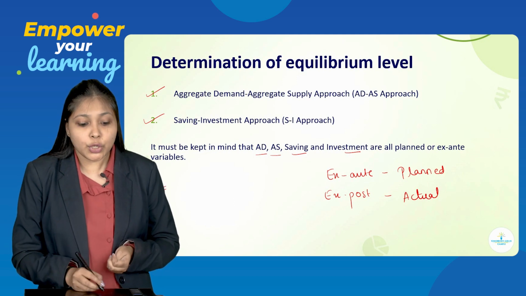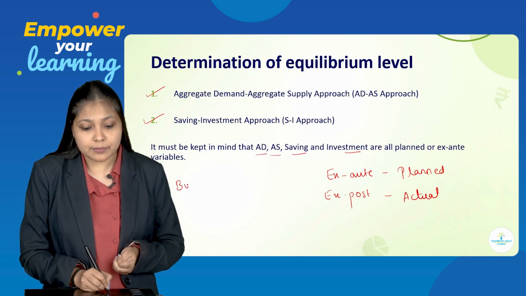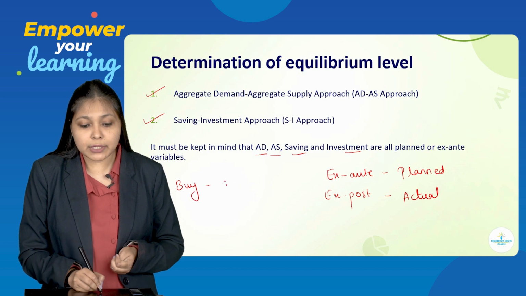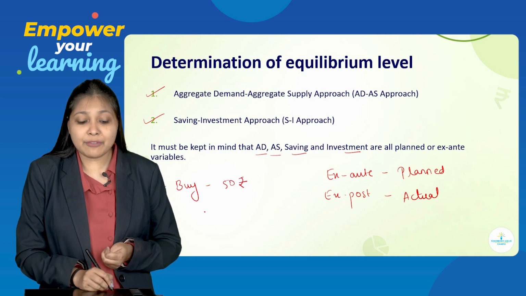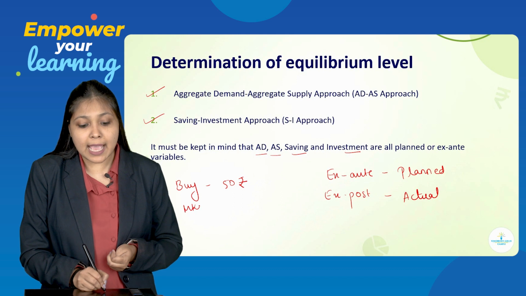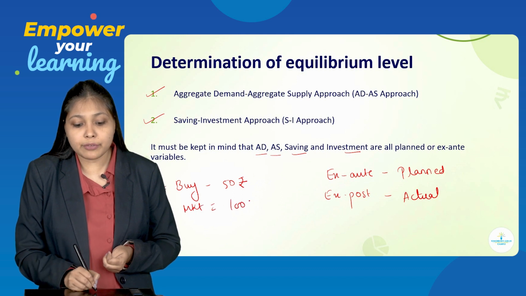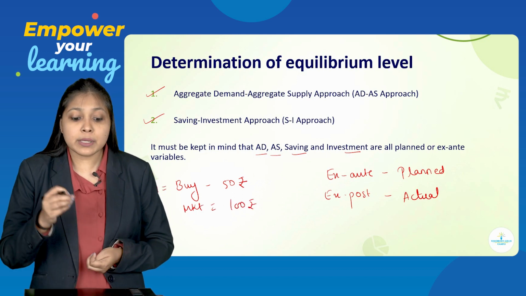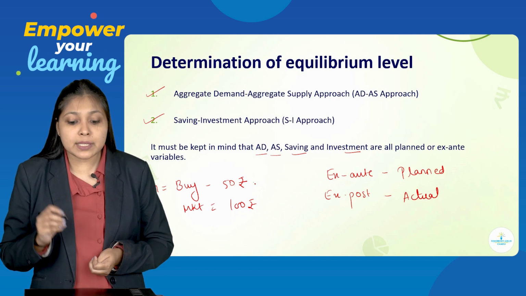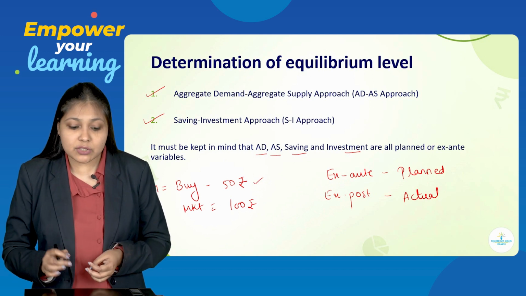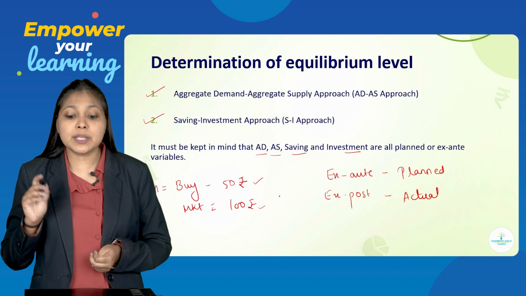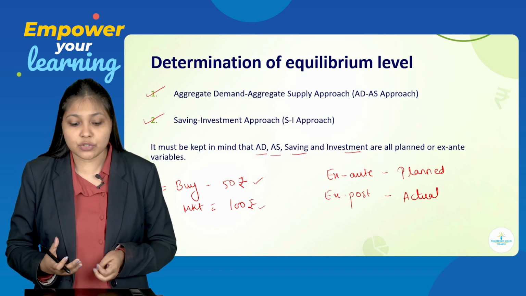Ram plans to buy a chocolate for 50 rupees. But when he went to the market, he actually bought the chocolate of 100 rupees. So here this 50 rupees is an ex ante expenditure and here 100 rupees is an ex post expenditure.